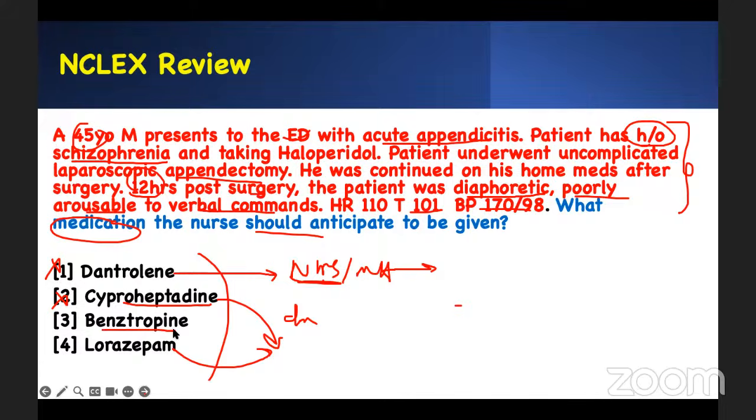Benztropine, what is that? It's an anticholinergic. What condition do you use anticholinergics for? Extrapyramidal side effects. And what is that? Acute dystonia, akathisia, what? Parkinsonism, and tardive dyskinesia. All these things you use benztropine for. What is acute dystonia? They will talk about muscle cramps. There's nothing in the question that talks about muscle cramps. Akathisia, inner feeling of restlessness.